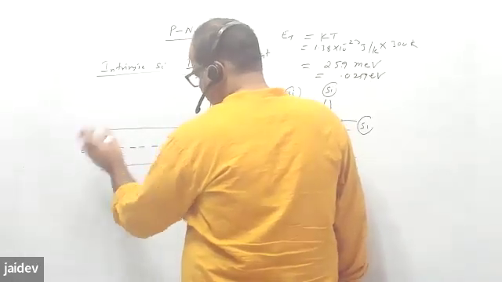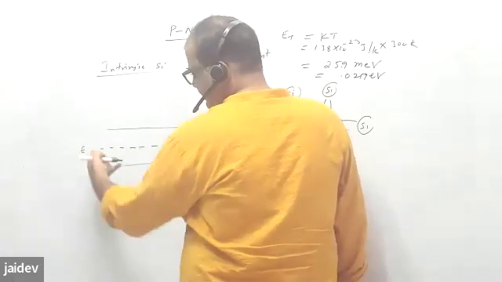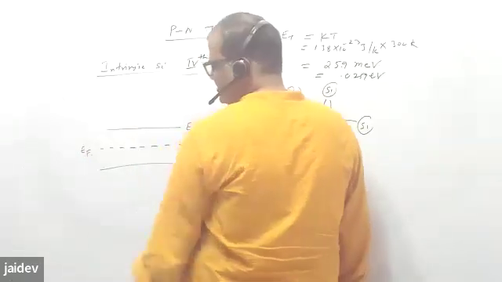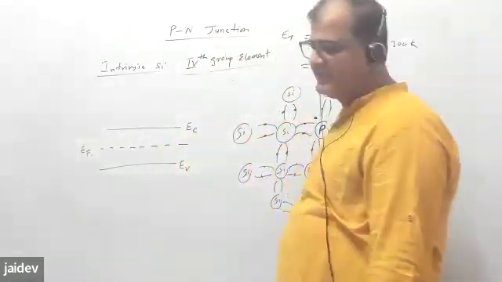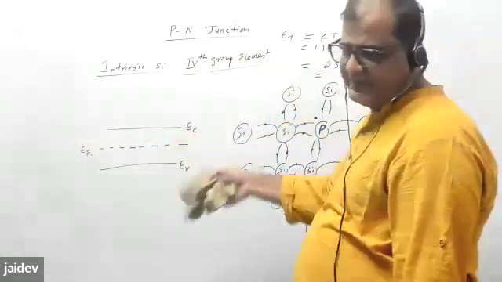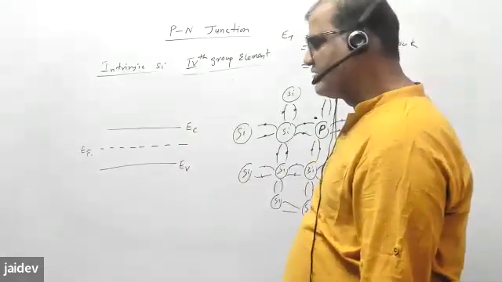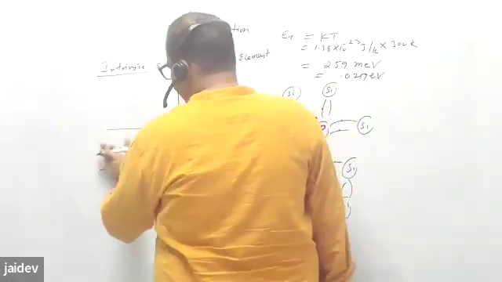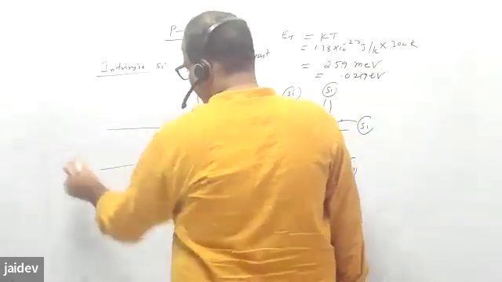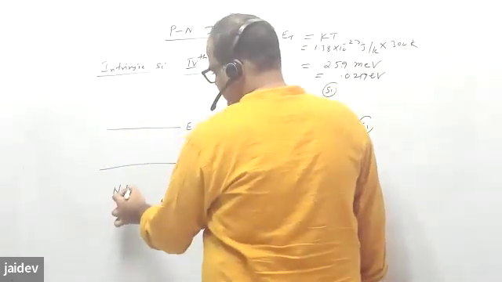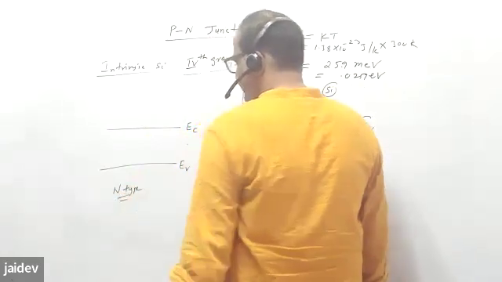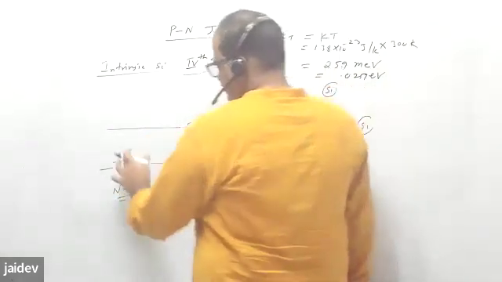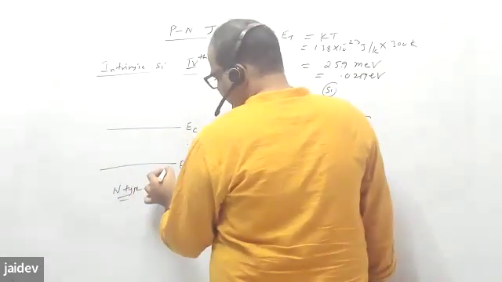For an intrinsic semiconductor, you draw the Fermi level in the middle of the band gap; that will be discussed in the solid state physics part. So this is the intrinsic case, Fermi level is here. Now, what you do when you make an n type of material, so here you have a valence electron.